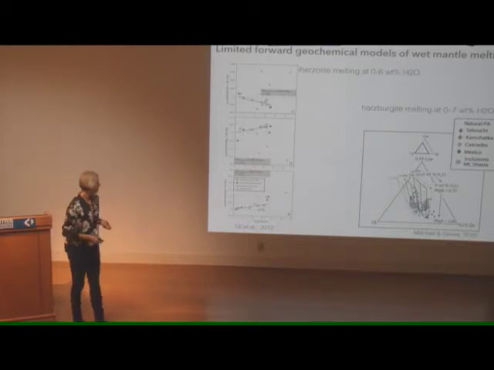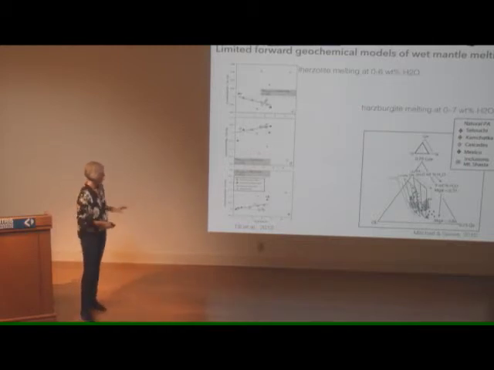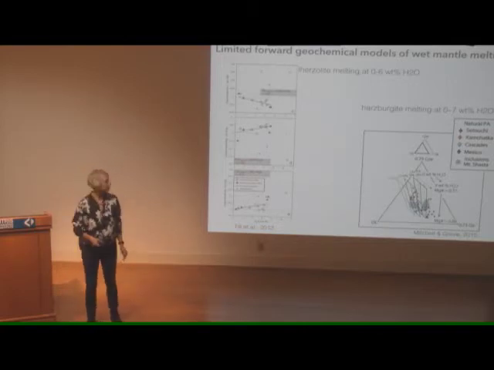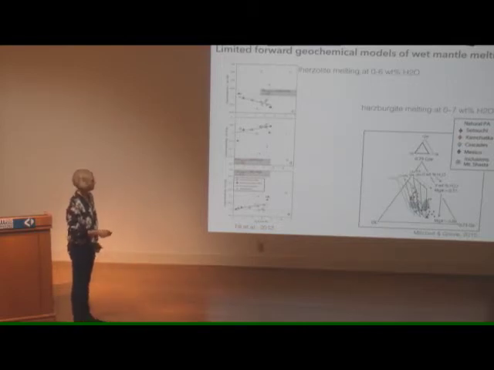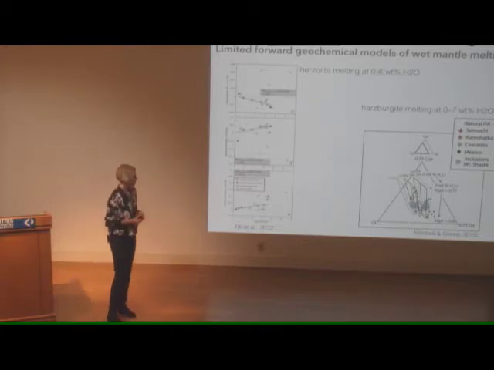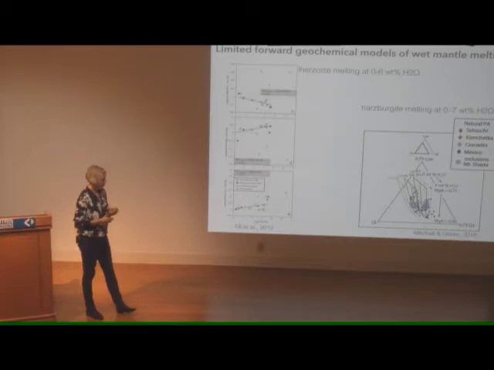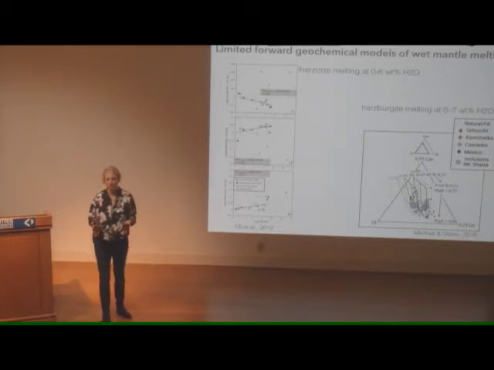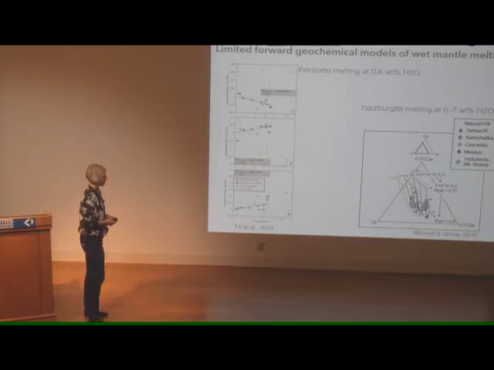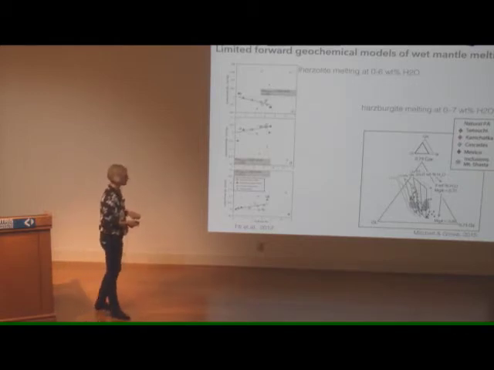My student, Megan Guild, had some information about attempting to do a better job of this on her poster last week. And recently there was a paper on harzburgite melting by Mitchell and Grove, which does a very nice forward model of melting harzburgite, and also shows that it's quite a nice fit for a lot of primitive andesites that we see globally.